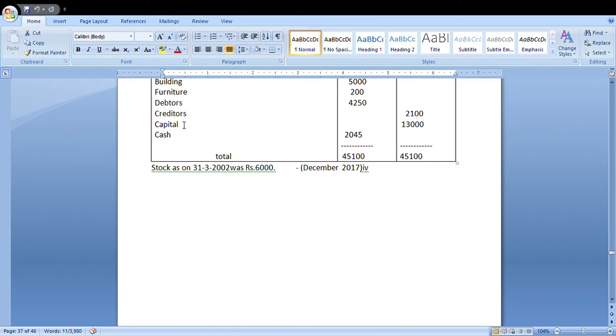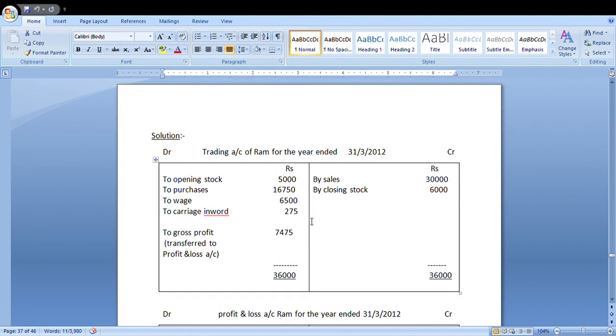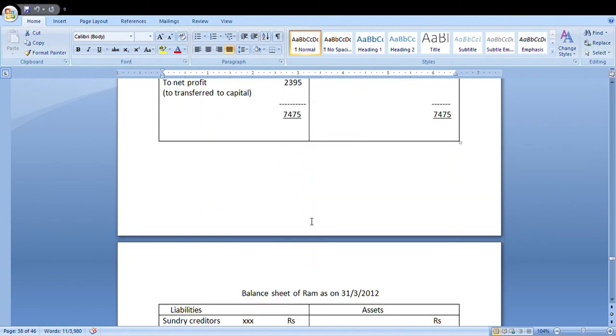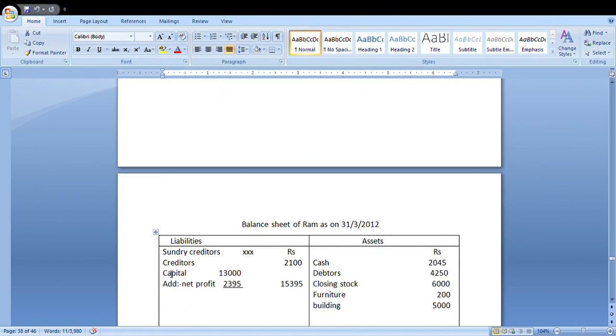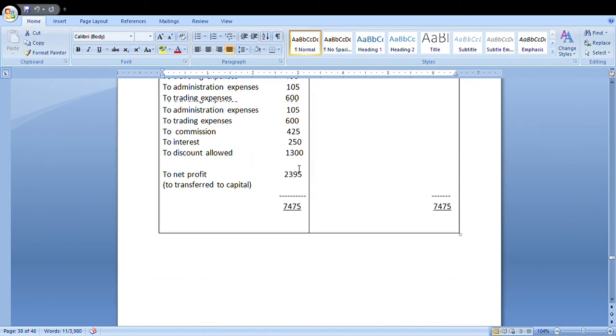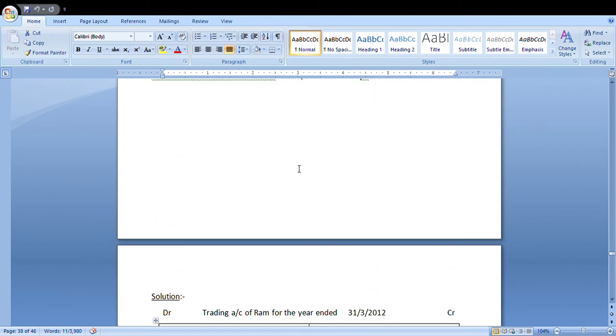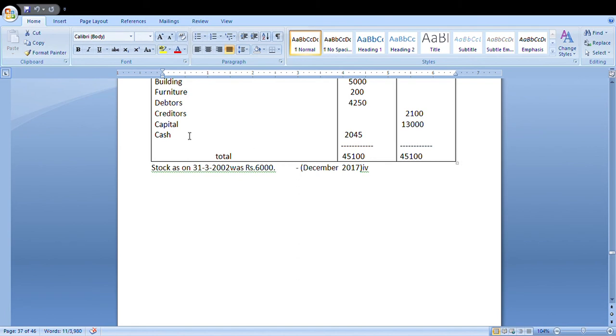Next, creditors. It is a liability. These are payments due to outsiders. Enter it on the liability side of the balance sheet. Creditors. Next, capital.